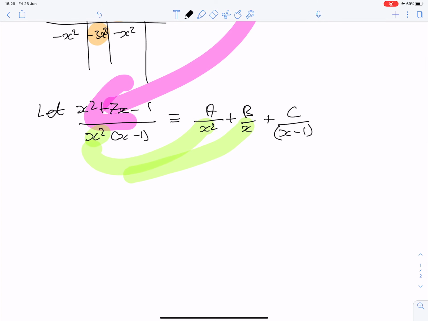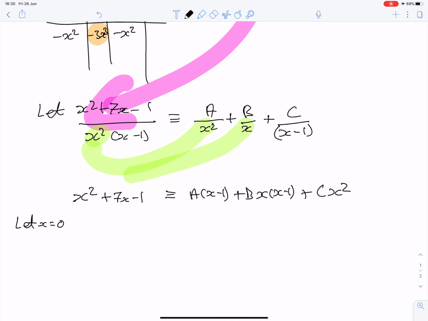We've got an equation with a fraction to solve, so we're going to multiply through by the denominator. We get x squared plus 7x minus 1 is identical to A lots of x minus 1 plus B lots of x times x minus 1 plus C x squared. Usual approach: make the x terms 0, so let x equal 0.